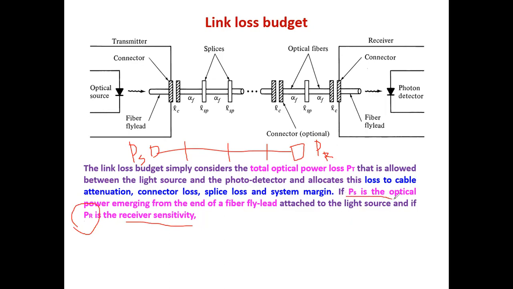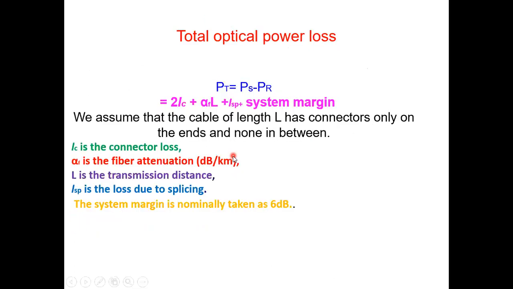PS is the source power, or you can say PS is the optical power emerging from the end of the fiber flylet. This is your fiber flylet. All these terms should be familiar to you. So considering PS as the power from the source and PR the receiver sensitivity, write down PT is equal to PS minus PR.